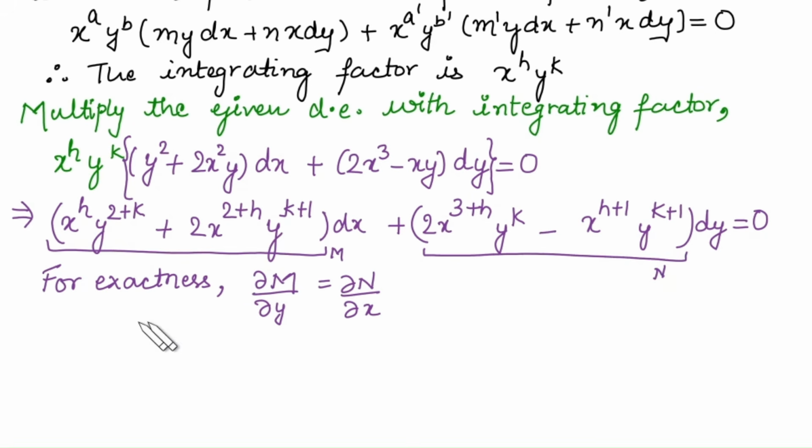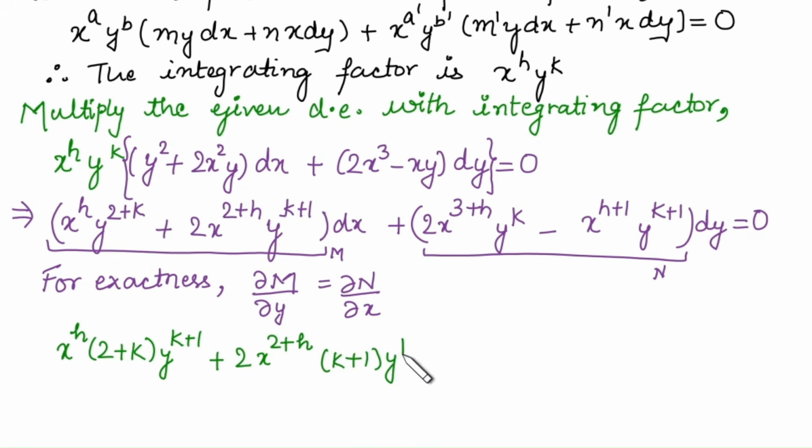The partial derivative of M with respect to y. So x raised to power h is constant. Its derivative is 2 plus k, y raised to power k plus 1, plus 2 is as it is. x raised to power 2 plus h is as it is. Its derivative with respect to y is k plus 1 into y raised to power k.